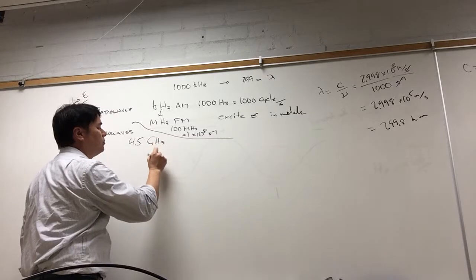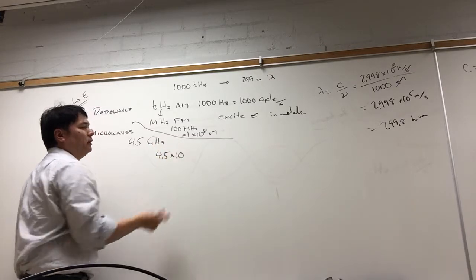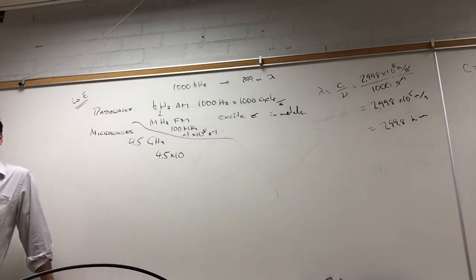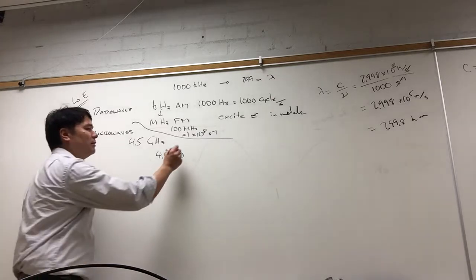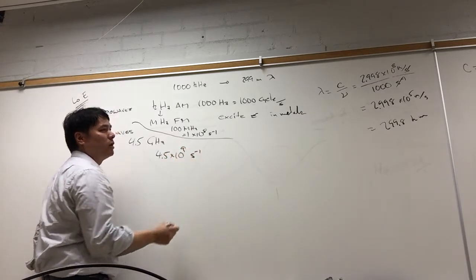So we go from kilo to mega to giga. Let's say you have a terabyte, a gigabyte, a megabyte. So it goes mega, giga, tera, right, for your hard drives? And so giga would be 10 to the 9th seconds to the minus 1.